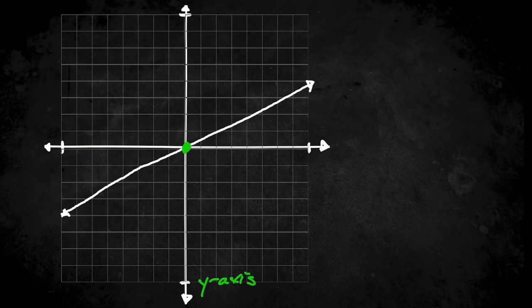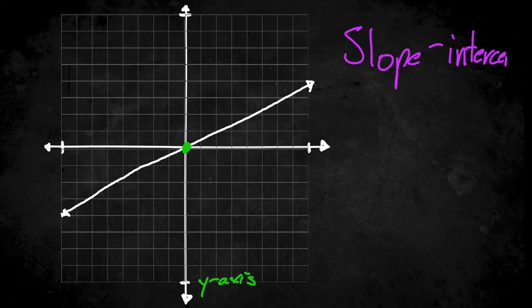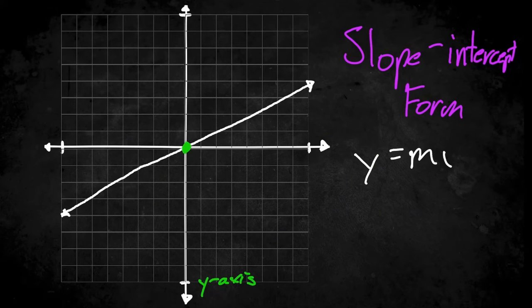Now, every line also has an equation to go with it. One type of equation that goes with a line is slope-intercept form, and that is where y equals mx plus b. Now, m is the slope, because m always stands for slope.